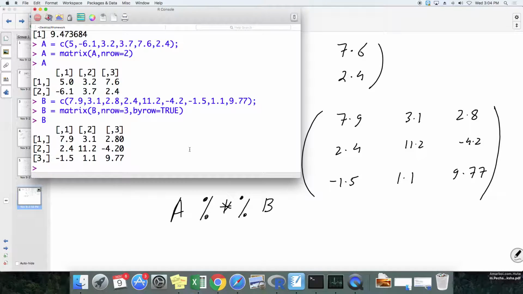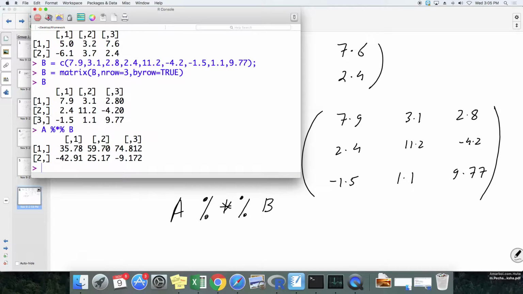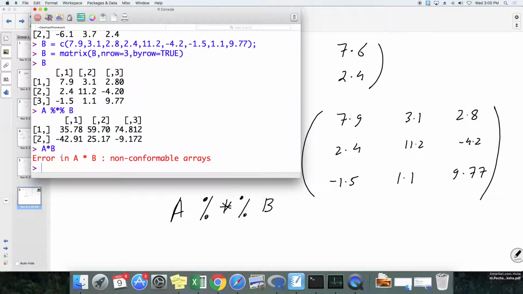So let's do A times B. Don't do A times B like this. It cannot be done. So do A percent times percent B. And obviously if you multiply a 2 by 3 with a 3 by 3, it will become 2 by 3. And let me copy this down.